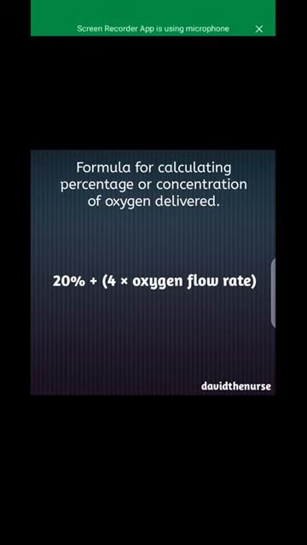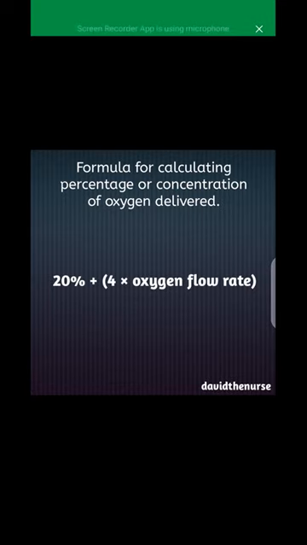So, for instance, I have a patient that needs oxygen and I'm using nasal prongs, and I set my flow meter to 3 liters per minute. The flow rate is 3 liters per minute. So if I want to calculate, I'll just say 20% plus 4 times 3, that's 12. 12 plus 20, 32. So I'm giving 32% of oxygen to the patient.